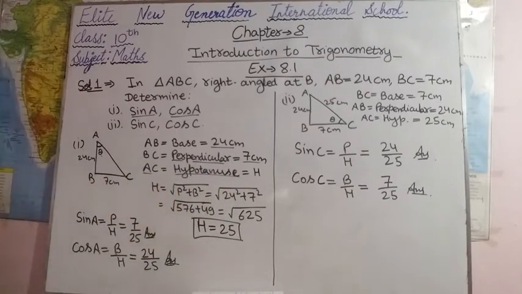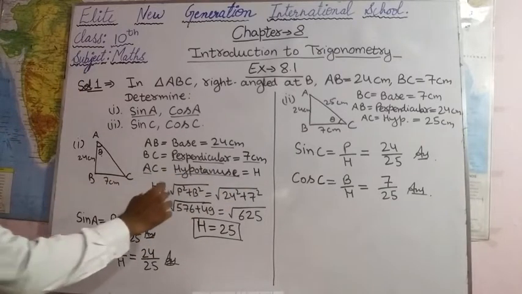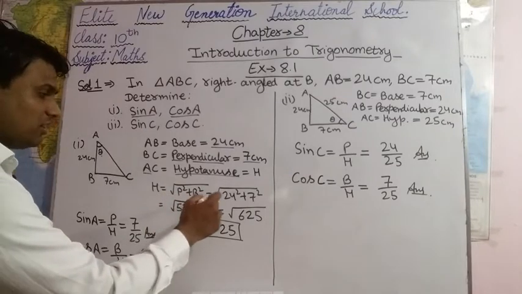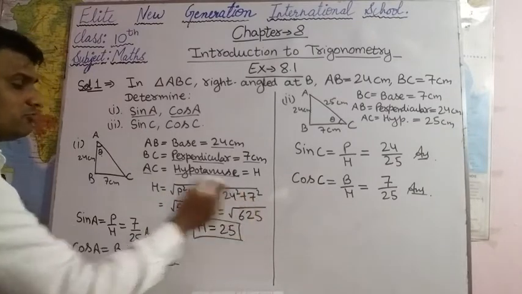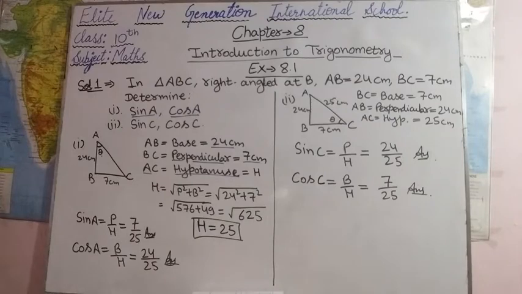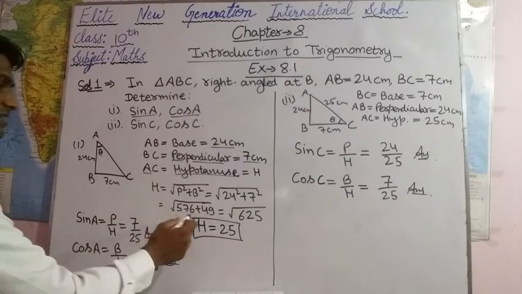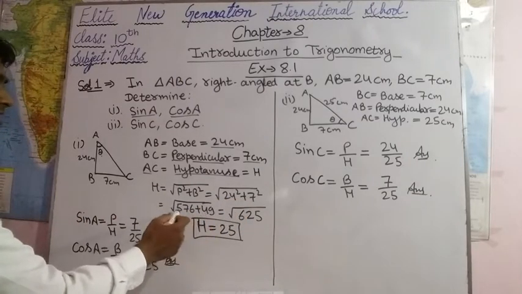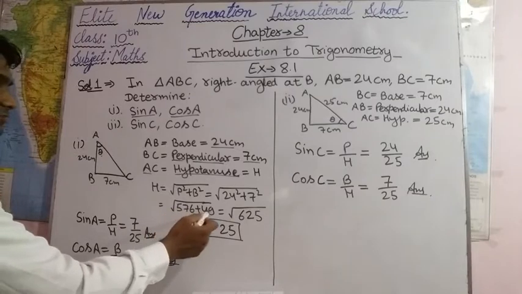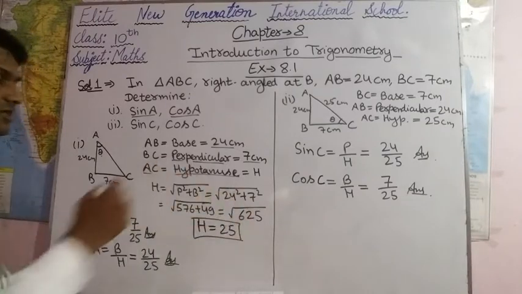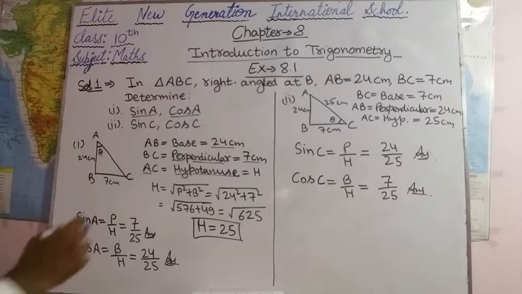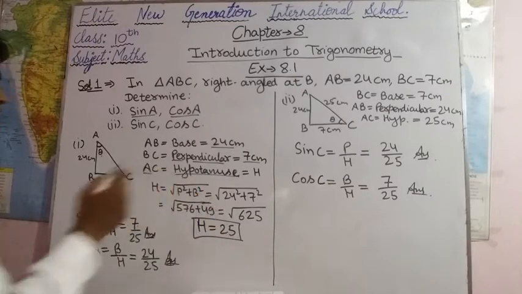For applying the formula, H equals under root P square plus B square, it will be under root 24 square plus 7 square. So 24 square will be 576 plus 7 square 49. 576 plus 49, it will be under root 625. So the value of hypotenuse will be 25.